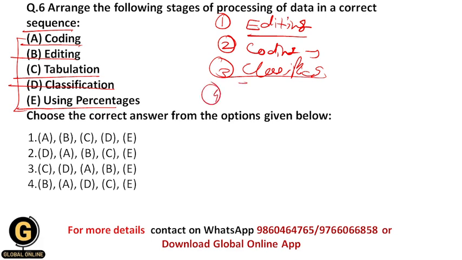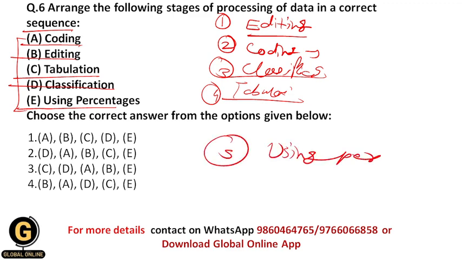Then next, we tabulate the data. Basically, whenever we have a data set, we categorize the data in tabular format so that it will be easier for all of us to understand the data, and we can easily mention the data in the tables. The last one is using percentages. Whatever data we have tabulated, we represent that data using percentages.